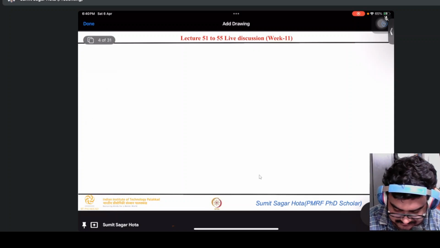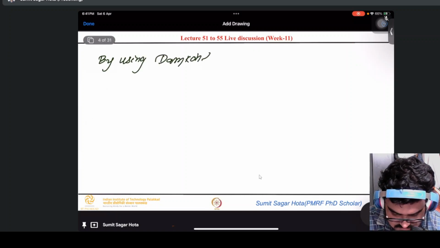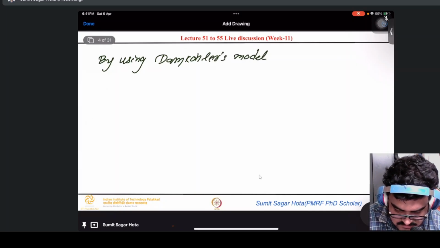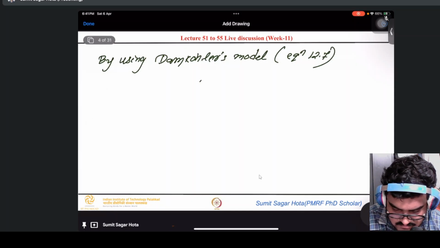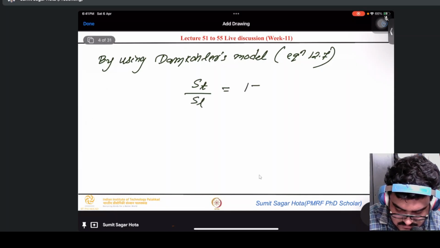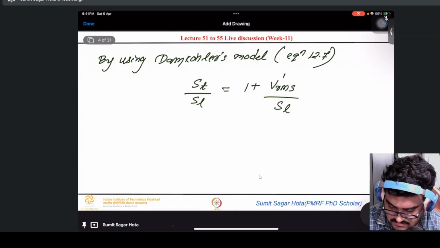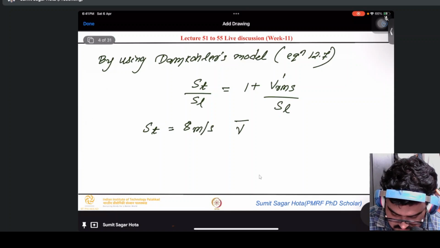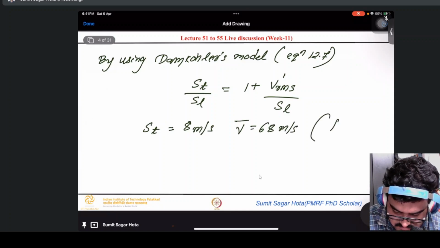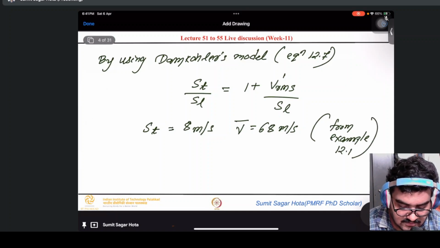By using the Damköhler model, from example 12.1 we know that S_T equals 8 meters per second and V bar is 6 meters per second.